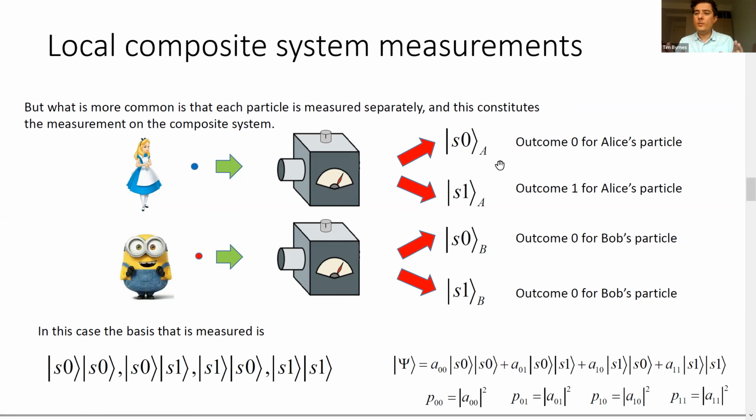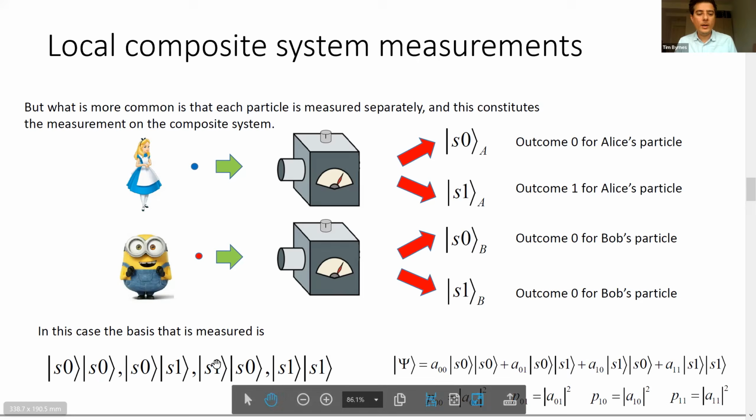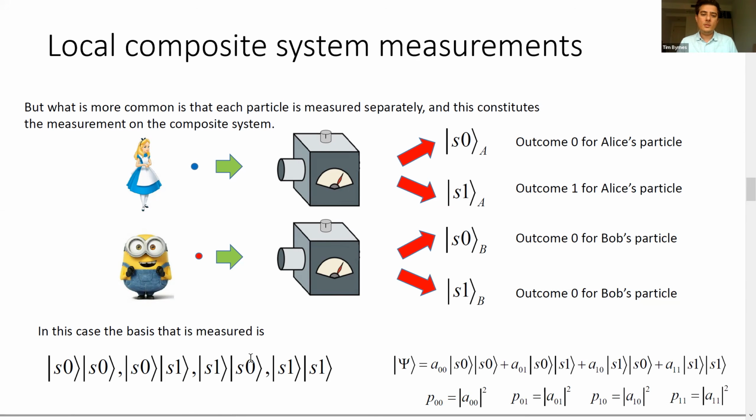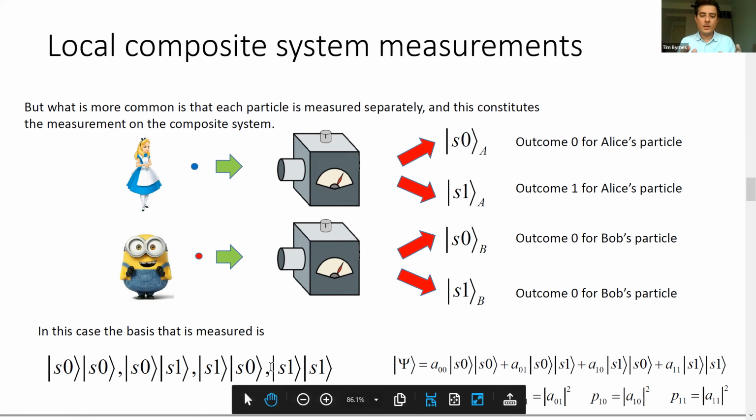But that still gives four different outcomes, because there are four different combinations of the two outcomes on each. So either way you dice it, it's always the same number of outcomes. In this case, we're just measuring it individually, but you could in principle also measure it as one whole system.